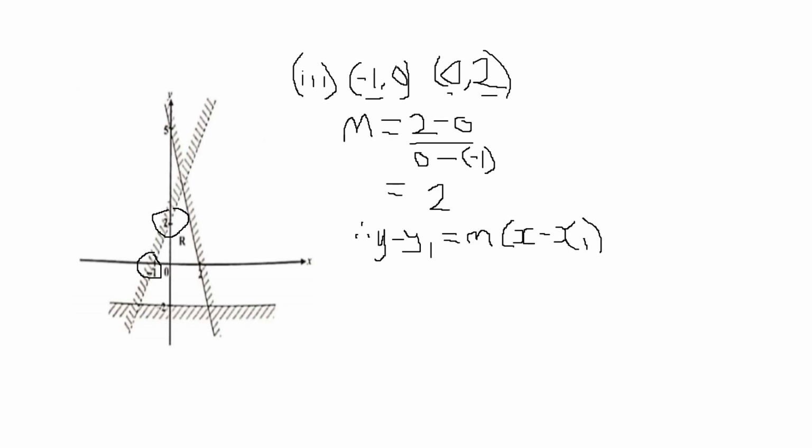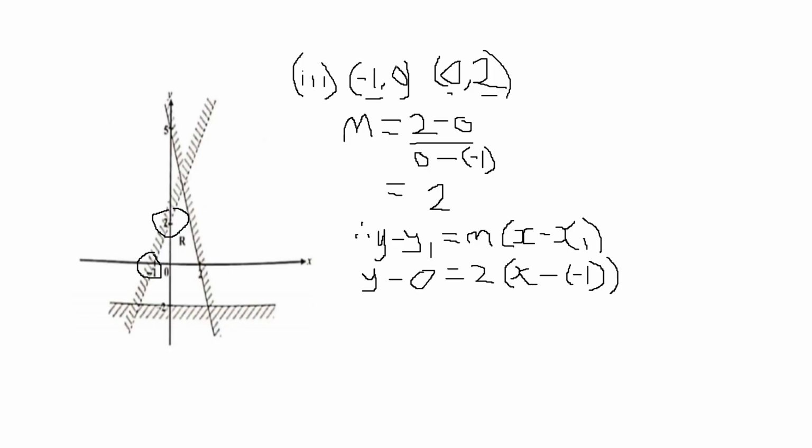So y1 in this case is 0. So y minus 0 is equal to the gradient, which is 2, which we have found, then x minus x1, where x1 is negative 1.